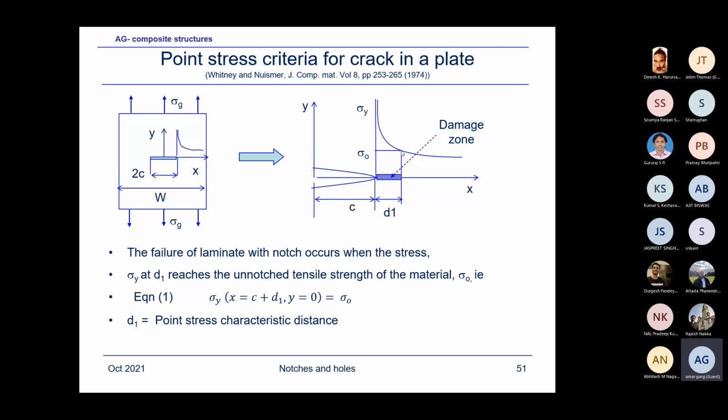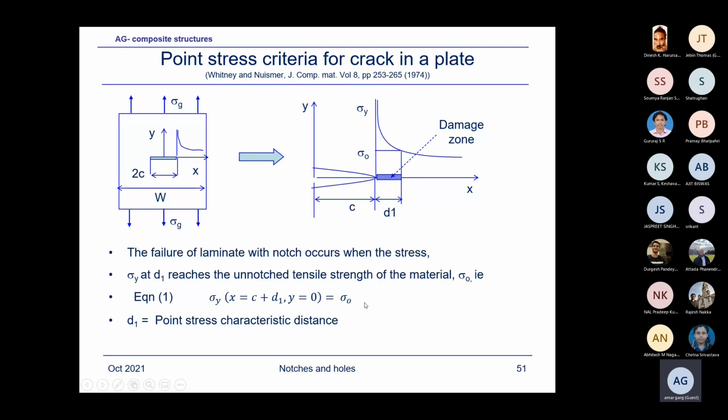In terms of a mathematical equation, the criteria is written as sigma y at x equal to c plus d1, at y equal to 0, is equal to sigma naught, which is the unnotched strength. So this is the point stress criteria, a simple criteria, and D1 is the point stress characteristic dimension.